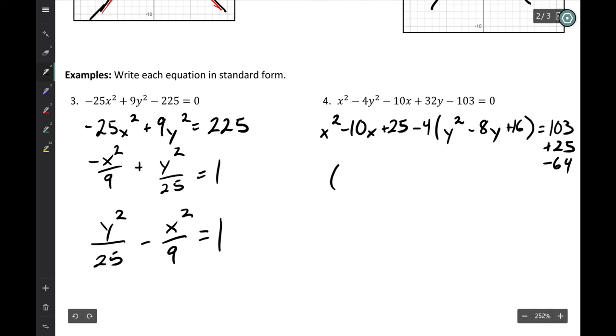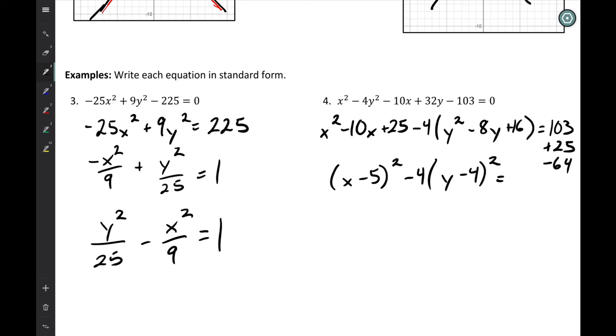And I'm going to end up with x minus 5 quantity squared minus 4 times y minus 4 quantity squared is equal to, so that's 128 minus 64, so just 64. Divide everything by 64 and simplify.